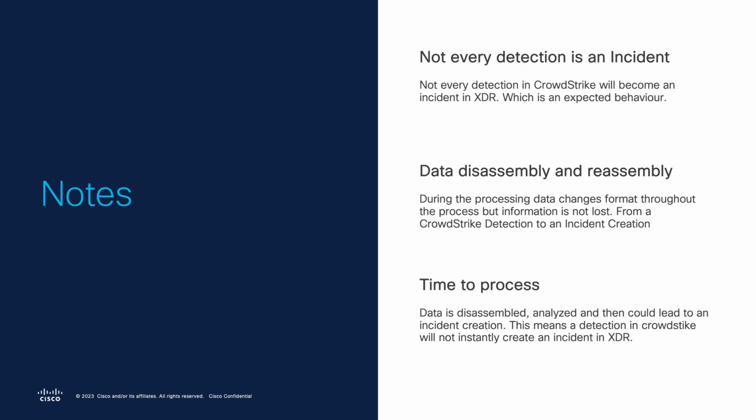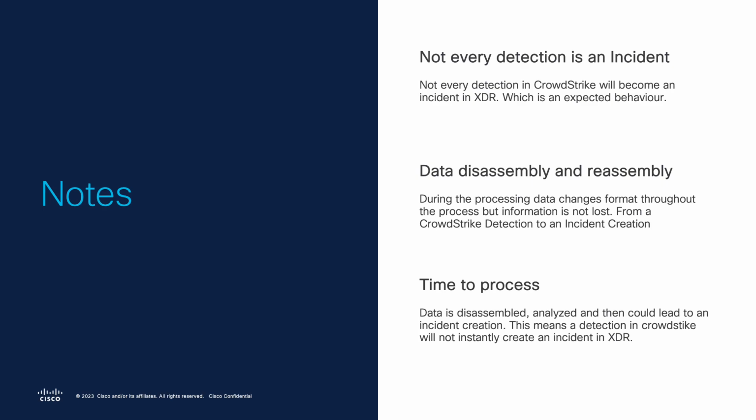The second thing is the data processing lifecycle: we disassemble and reassemble the data of a detection inside CrowdStrike into an incident inside Cisco XDR. That means the actual data has changed from a formatting perspective, but we are not losing information about the detection itself.